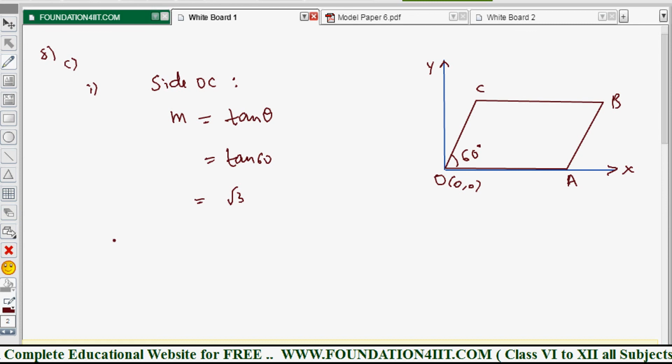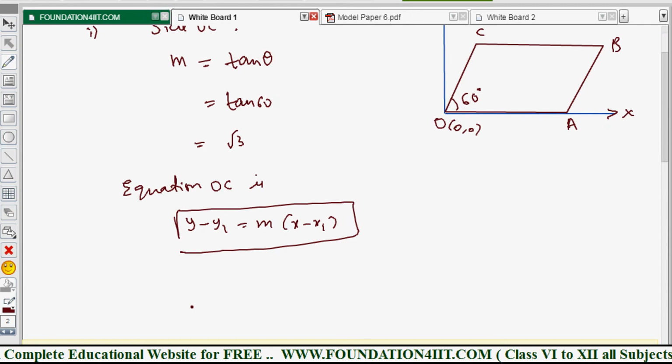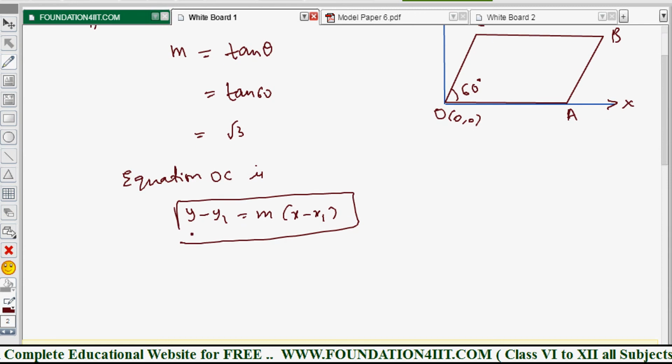Then the equation of the side OC: apply the point slope formula, y minus y1 is equal to m into x minus x1. By applying this, 0 comma 0 is x1 comma y1. So y minus 0 is equal to root 3 into x minus 0. So y is equal to root 3x. This is the equation of OC.